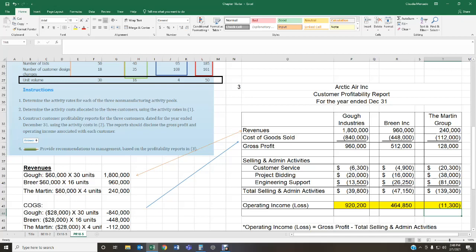Okay, so we subtracted our selling and admin expenses from our gross profit, because this is money that we spent, okay, on those three different activities. So because it's money that we spent, we deduct it, and then we get our gross profit minus our total selling and admin activities, and that gives you our operating income.